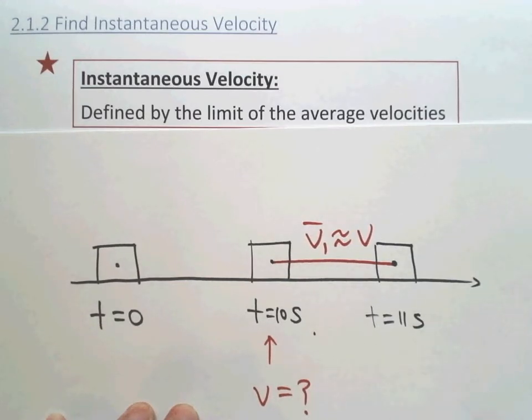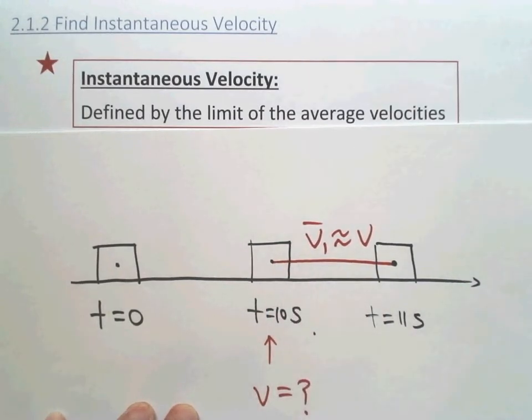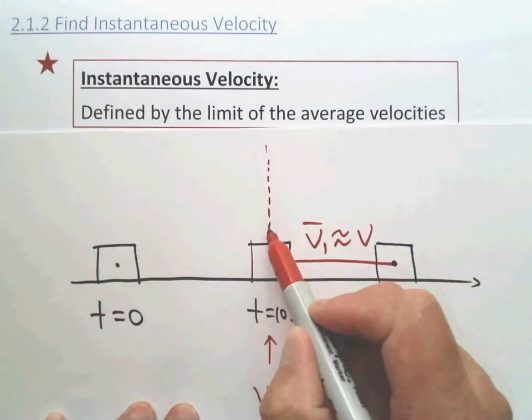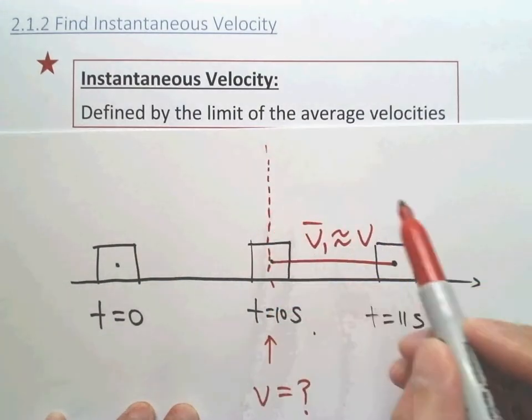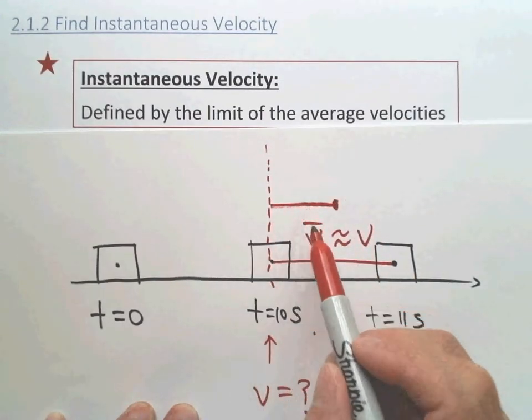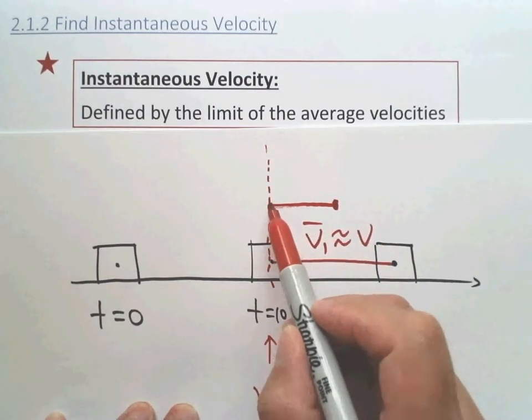We can make it better. How? We can shorten the time period. The time increment is 1 second, so we can look at 0.5 seconds or 0.1 seconds. If I stop here, the time increment is half a second, and the object moves from here to there.